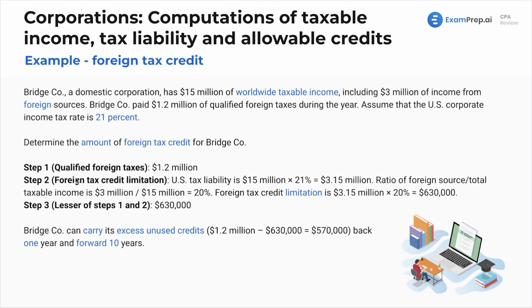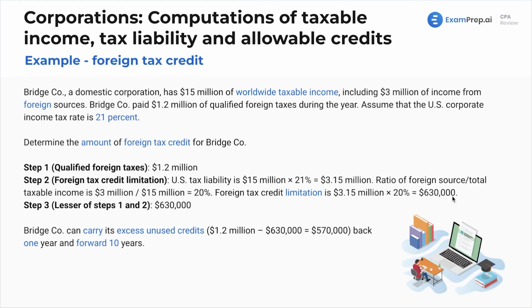Step 1, the qualified foreign taxes were $1.2 million. Then step 2, what's the limitation? Well, we've got the U.S. tax liability is $15 million times 21%. That's $3.15 million. Now, what's the ratio of the foreign source to total taxable income? We've got $3 million to $15 million. That's going to be 20%. Foreign tax credit limitation is going to be the $3.15 million times that 20% we just calculated, which is $630,000.